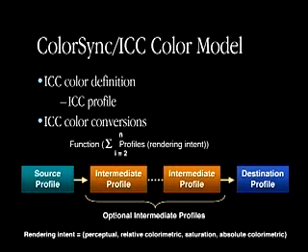Let's take a look now at how ColorSync and ICC define color and color conversions. Naturally, color is defined by an ICC profile. As I mentioned a moment ago, the ICC profile is in practice the most general form of the color space description. ICC color conversions are basically very similar to those in PDF.